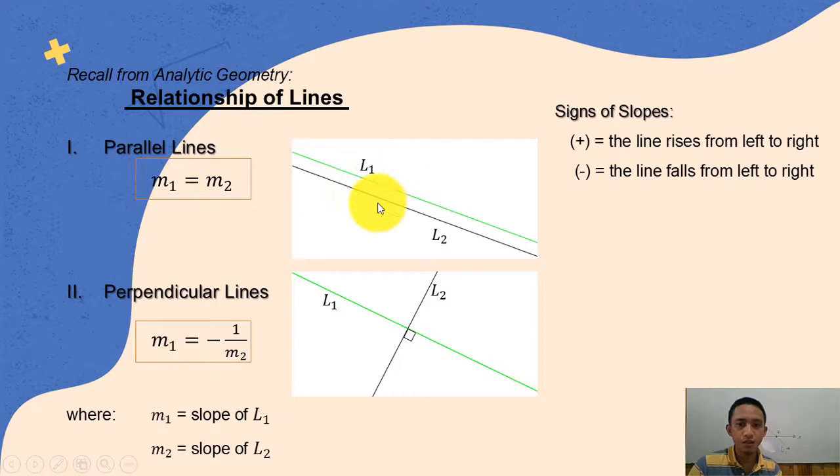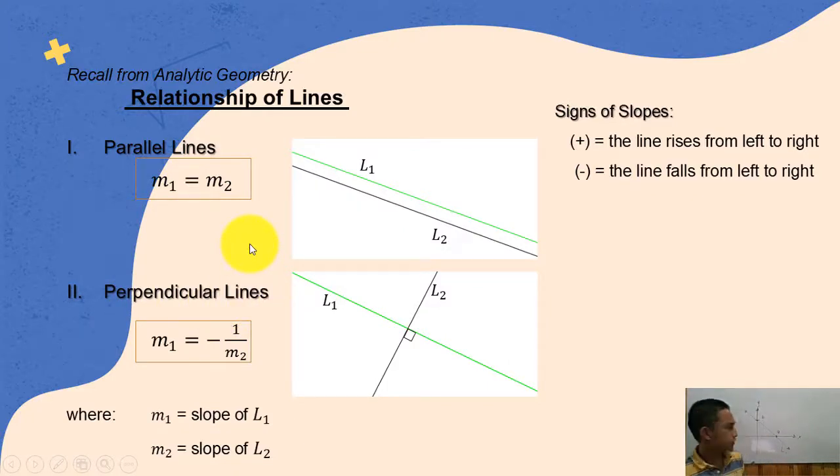Okay, so regarding the slope of this, if we say slope again, because that is what we are trying to investigate in lines here in calculus, the slope of these two lines are always equal if they are parallel. And then perpendicular lines.